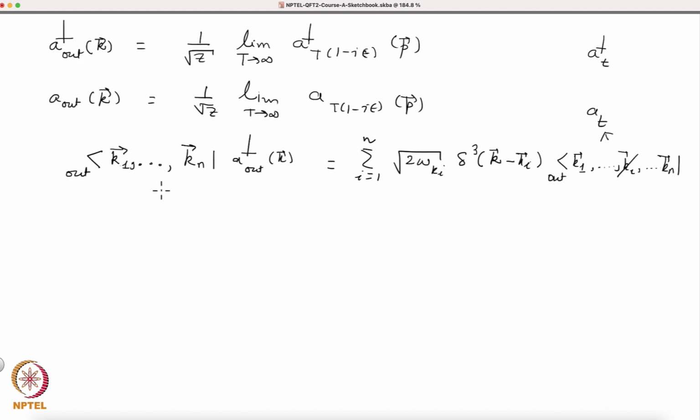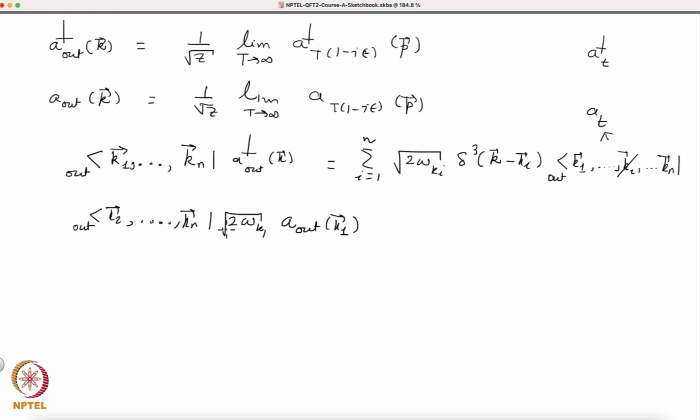Okay. And similarly, you will have, if you take the state k2, k3, and so forth up to kn, an out state, and you act with a out of k, and actually not this, but square root of 2 omega k1 a out of k1.